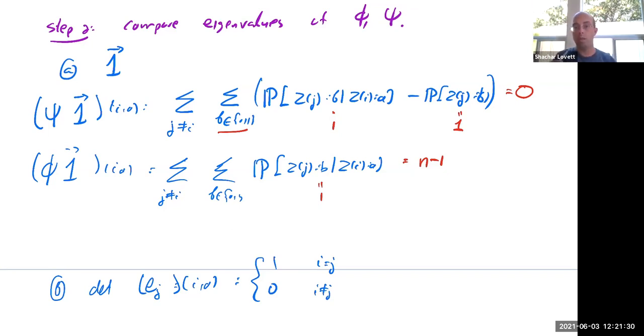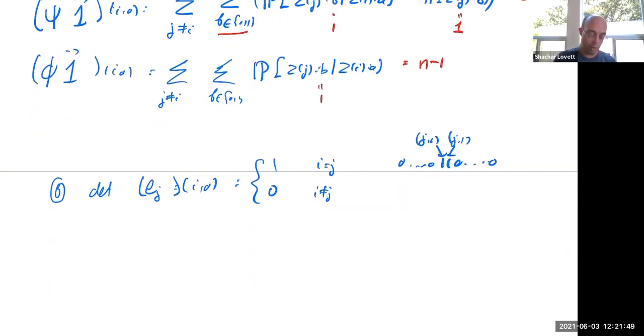It's going to be 1 in coordinates j0 and j1, and it's going to be 0 everywhere else. So it's going to look like 0, 0, 0, 1, 1, 0, 0, 0. So these are coordinates j0 and j1. So this is E_j. And let me define U to be the span of E_1 up to E_n, but orthogonal to 1.